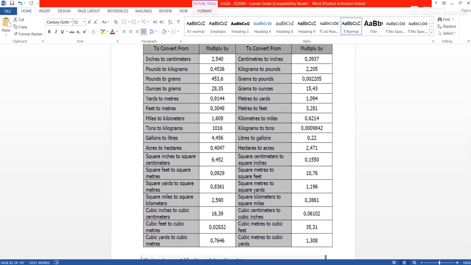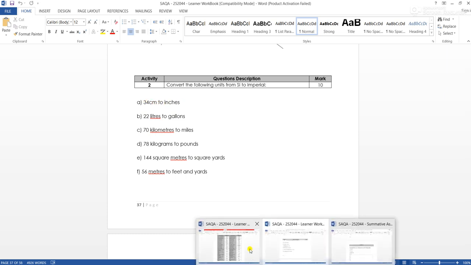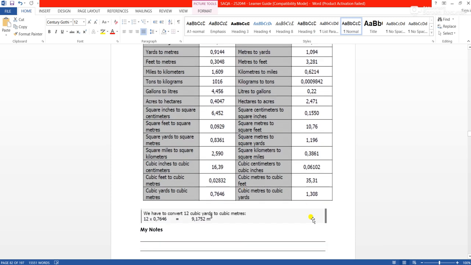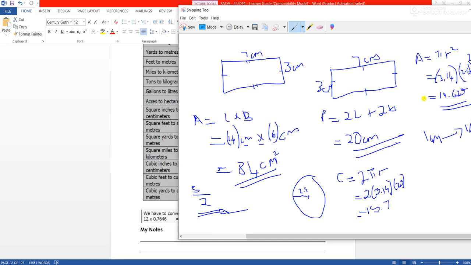On your learner guide, you are required to convert 34 centimeters to inches. Going to your table, 34 inches.